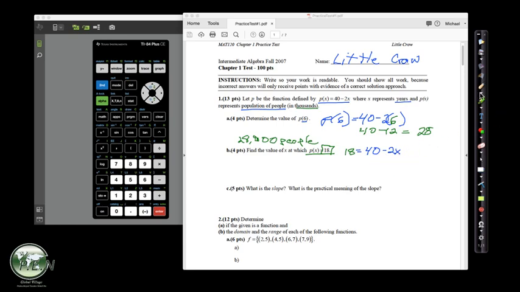And so what we do is work through the rest of this to solve for x. So we want to get x by itself. First thing we do is subtract 40 from both sides.